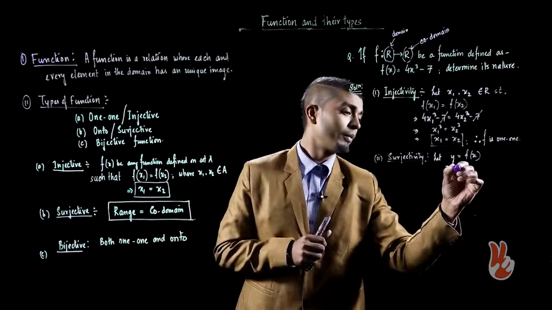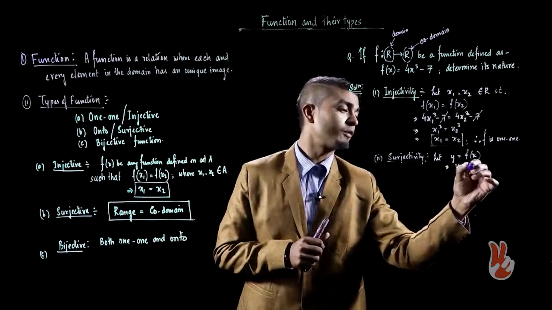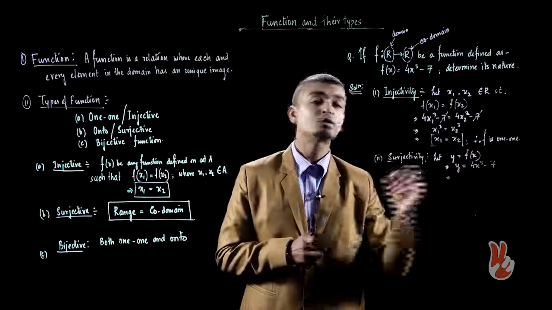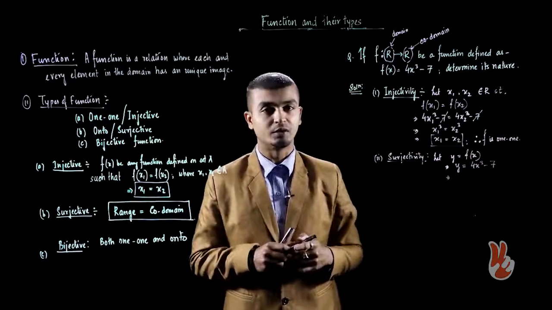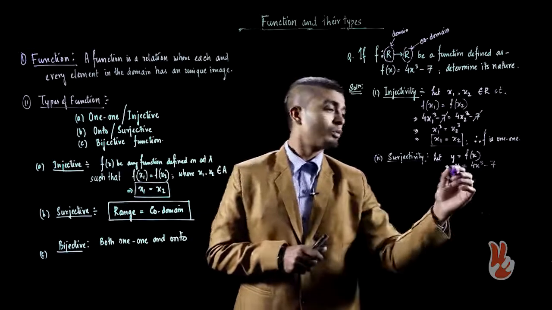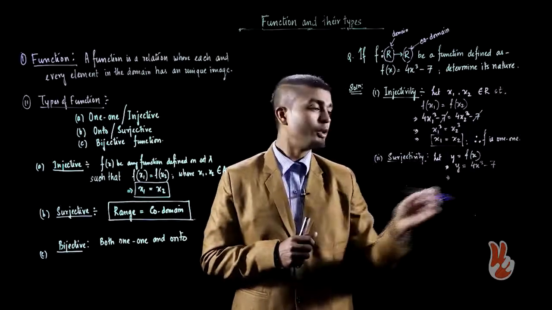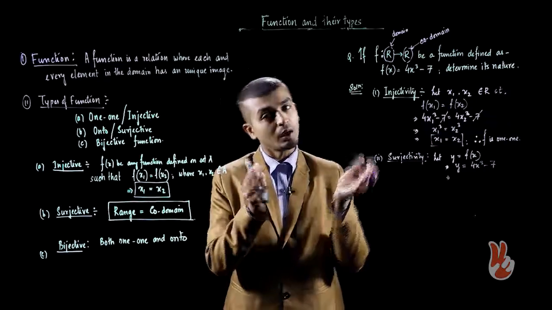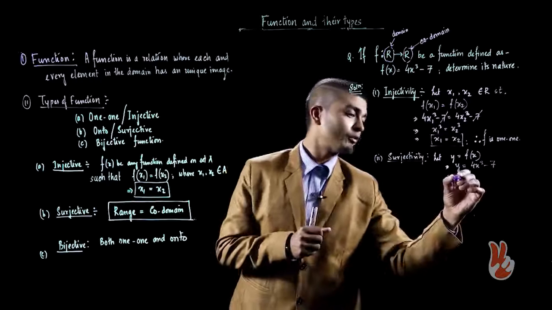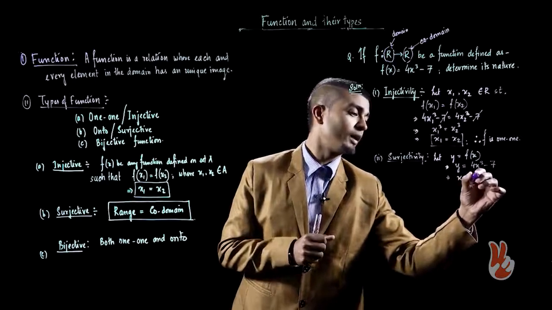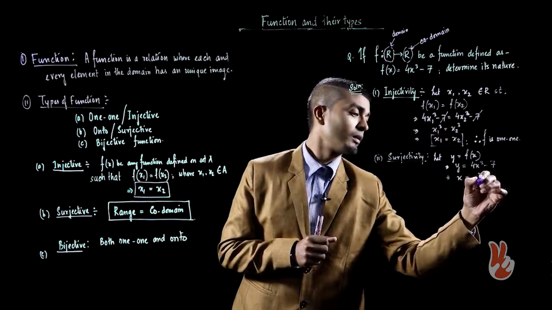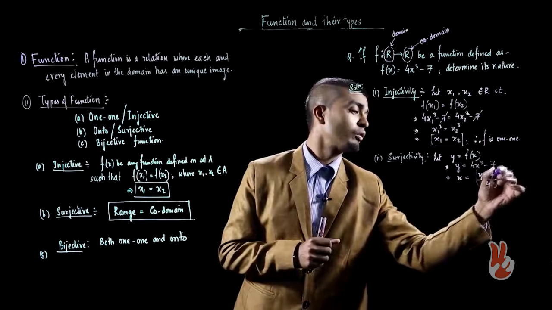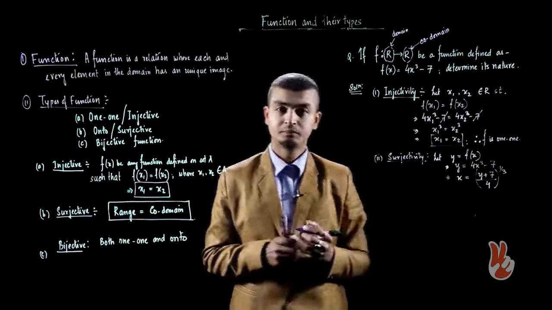Now, you replace the value of the function, that is 4x cube minus 7. Now, this y will give you the range of the function. So, to find the range, you will express x in terms of y. You will do the opposite way. So, if you express x in terms of y, you will get the form as x equal to ((y plus 7) divided by 4) whole to the power 1 by 3.